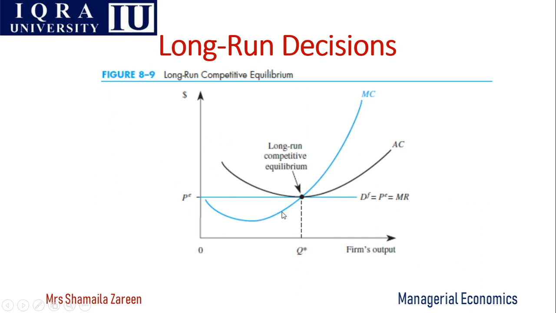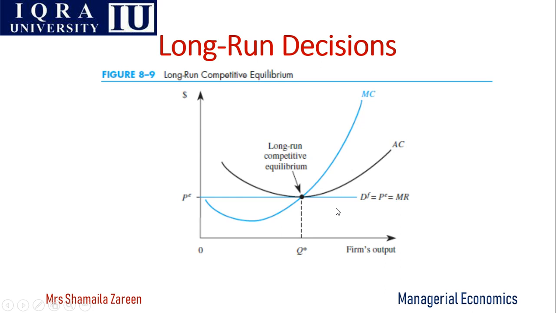Thus in figure 8.9 at the price of PE, each firm receives just enough to cover the average costs of production. Average cost is used because in the long run there is no distinction between fixed and variable cost, and economic profits are zero.